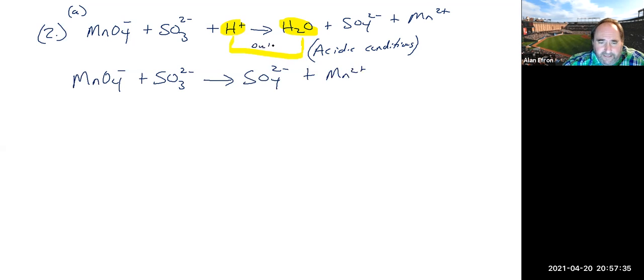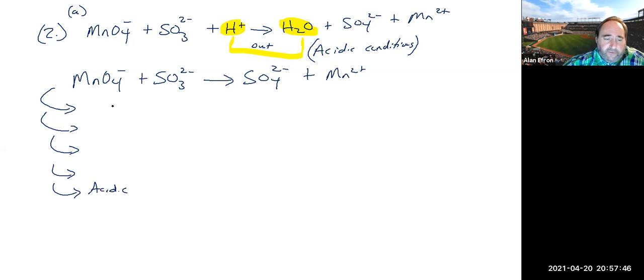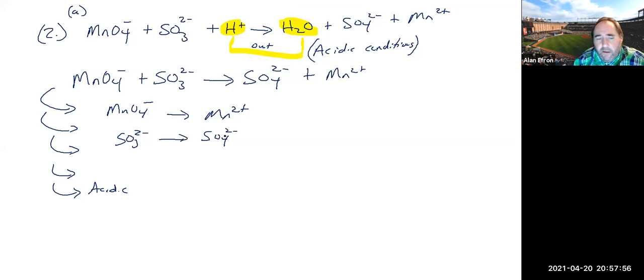Then proceed through all the steps that we just did until you get it balanced in acidic conditions. You would split it off into its half reactions, add your water, add your H pluses, add your electrons, add them back together, and boom, when it's all said and done, you'll have your balanced equation that you'll hopefully put a box around.